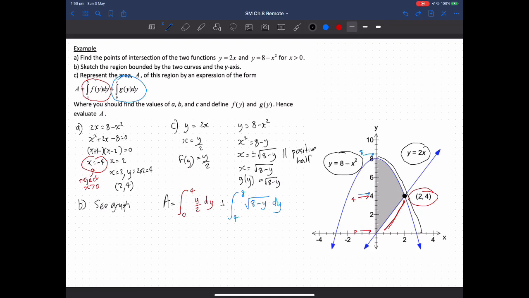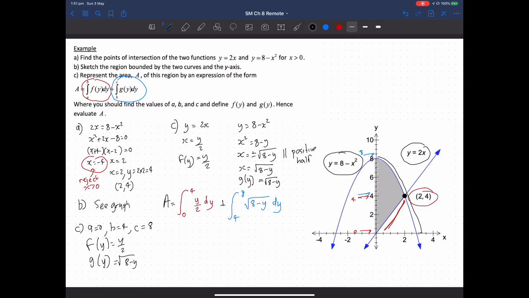So the little a was equal to 0, the little b was equal to 4, the little c was equal to 8. We have said f(y) is y on 2. We've said g(y) is the square root of 8 minus y.